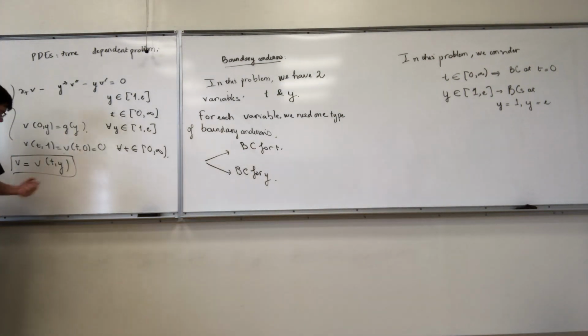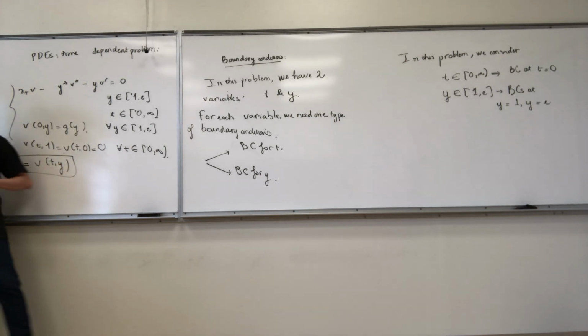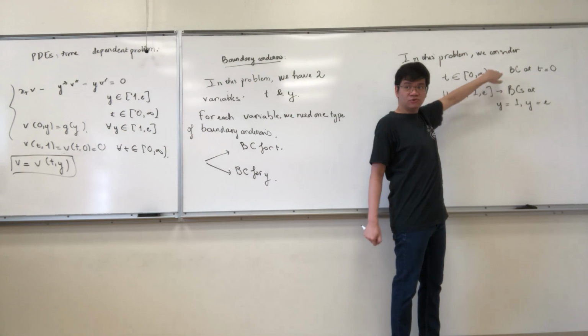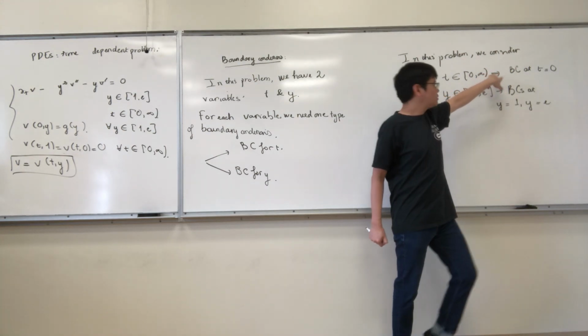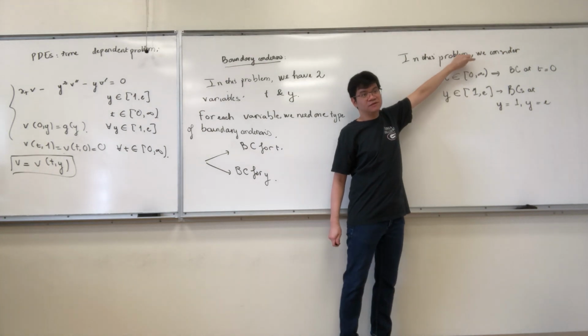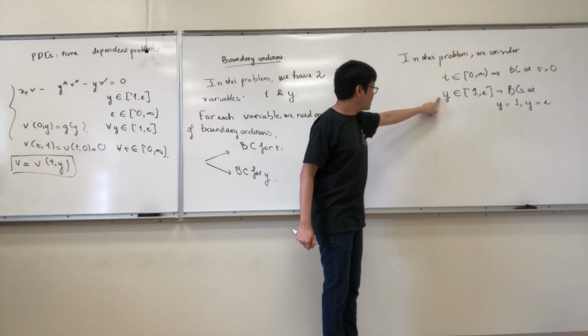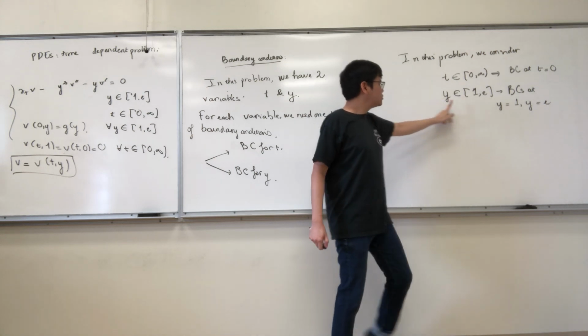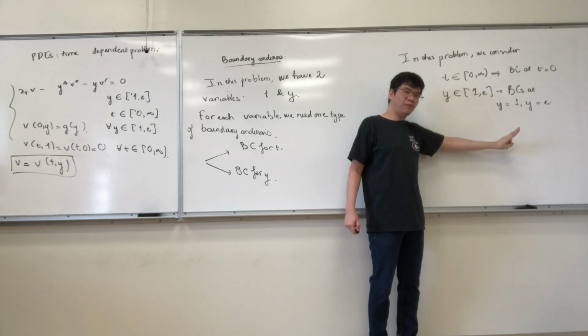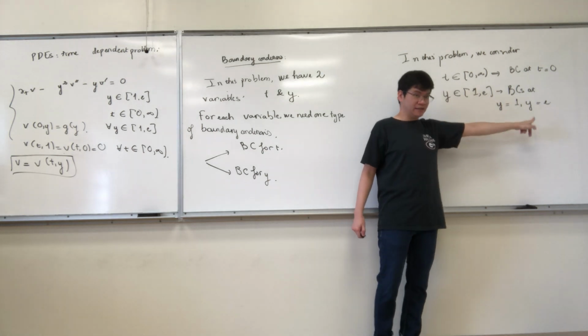I need a boundary condition at the endpoint t equal to 0. And because I consider y to be from 1 to e, I'm going to need two boundary conditions at 1 and e.